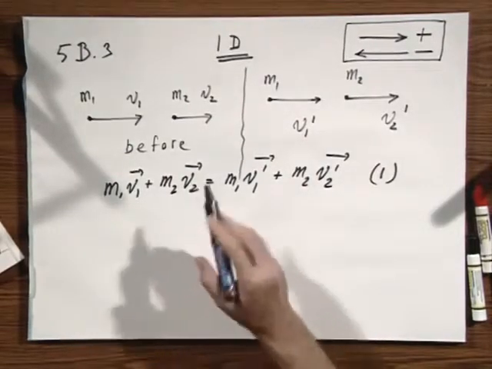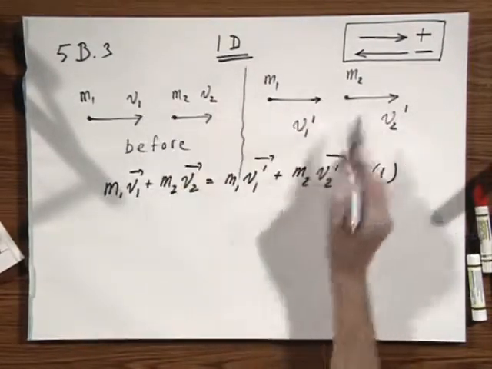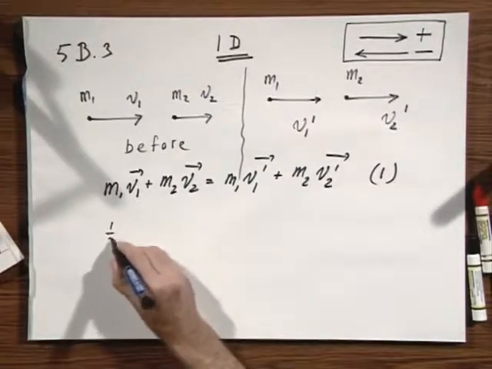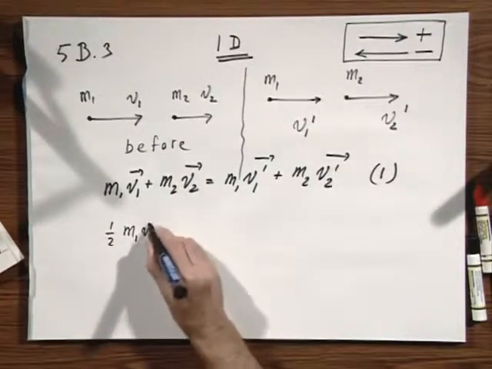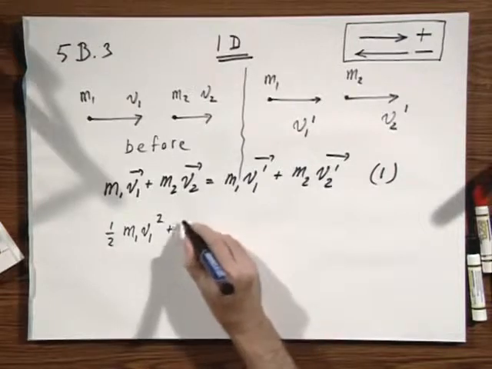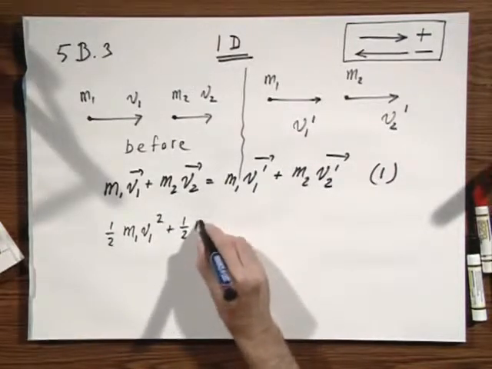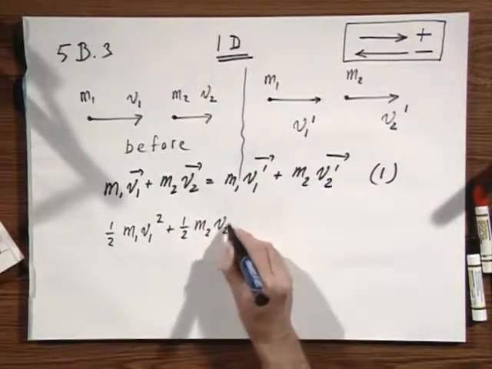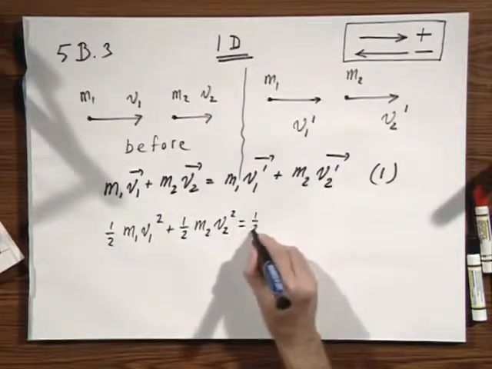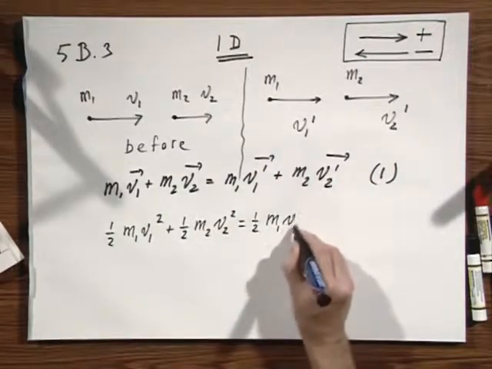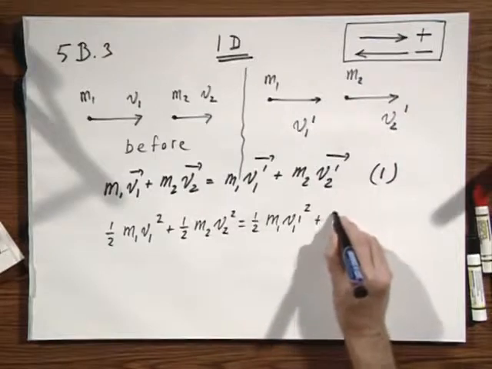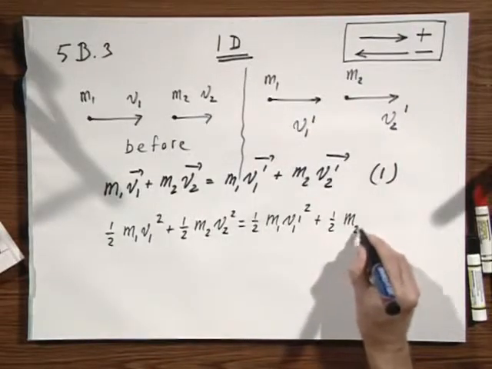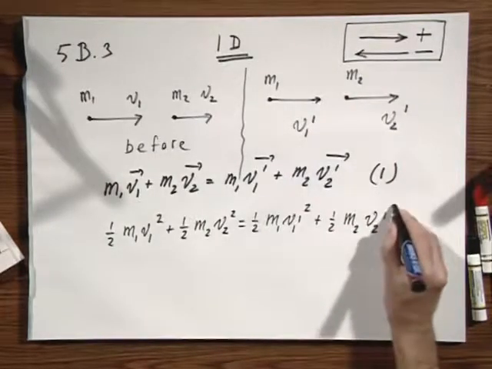Now I'm telling you that this is also an elastic collision, so you also have that the kinetic energy is conserved: 1/2 m1 v1 squared plus 1/2 m2 v2 squared equals 1/2 m1 v1 prime squared plus 1/2 m2 v2 prime squared.